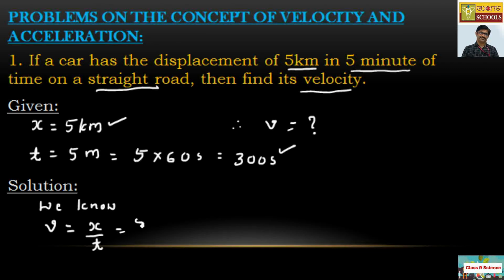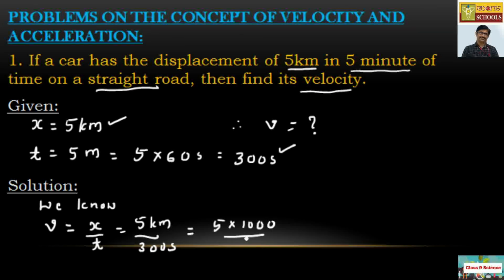Displacement is 5 km and time is 300 seconds, so change km into 1000 meters: 5 into 1000 divided by 300, in meter per second, which is 5000 divided by 300.